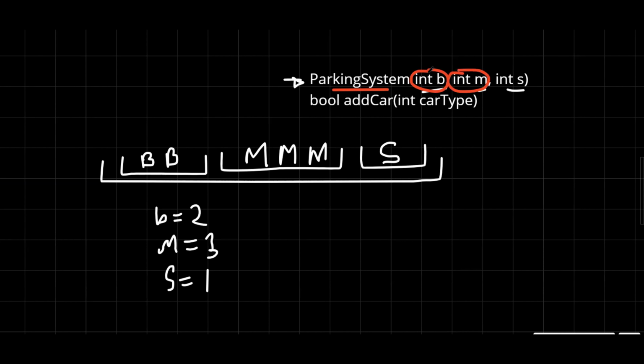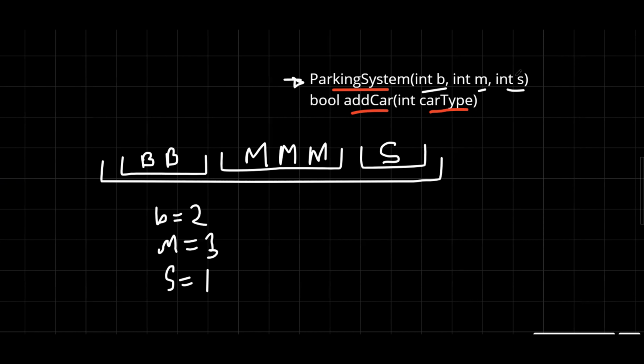So this is the first implementation. Now we have to implement the addCar method. Here we are given a specific car type and we have to check whether we can place this car into the parking space or not.